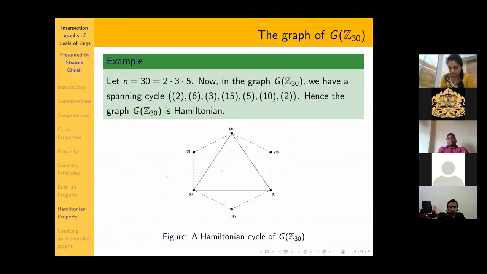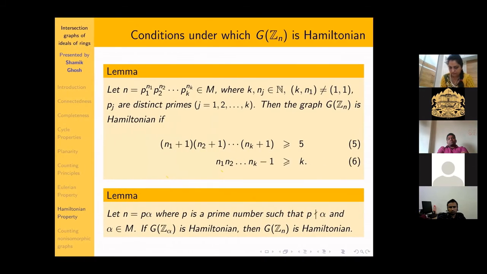After a long study, we came to a lemma which says: if n has the expression p1 to the power n1, p2 to the power n2, up to pk to the power nk, then the graph of Zn is Hamiltonian. First we got a sufficient condition: Hamiltonian if the product of (ni plus 1) is greater than or equal to 5, or the product of n1 into nk minus 1 is greater than or equal to k.